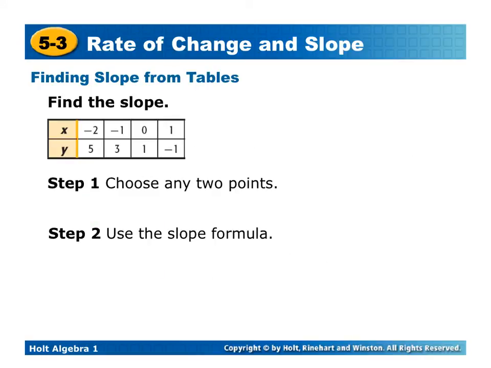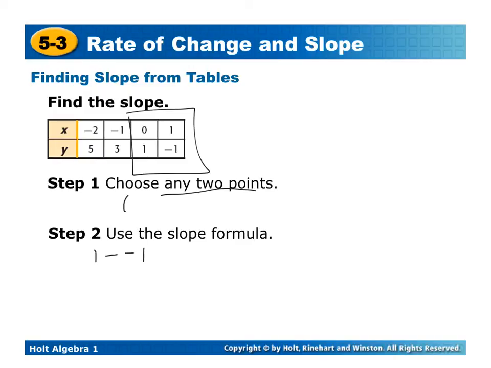There are also times where they might ask you to find the slope from points in a table. Once again, we can choose any 2 points. Just for ease, I'm going to use my 0s and 1s because they're easier to work with. First I'm going to do the difference in my y's. So I'm going to do 1 minus -1.